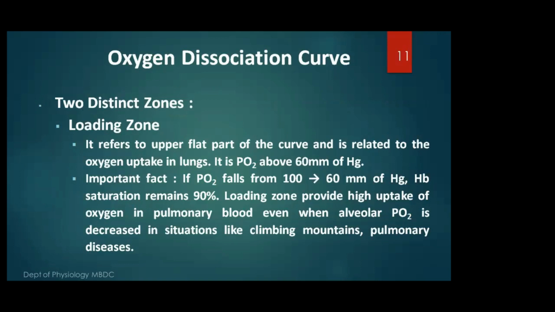An important fact regarding this loading zone is that if the partial pressure of oxygen falls from 100 to 60 millimeter of mercury, hemoglobin saturation remains 90%. So this loading zone provides high uptake of oxygen in the pulmonary blood, even when the alveolar partial pressure of oxygen is decreased in situations like climbing mountains or having some pulmonary diseases. So this is an advantage for human beings.